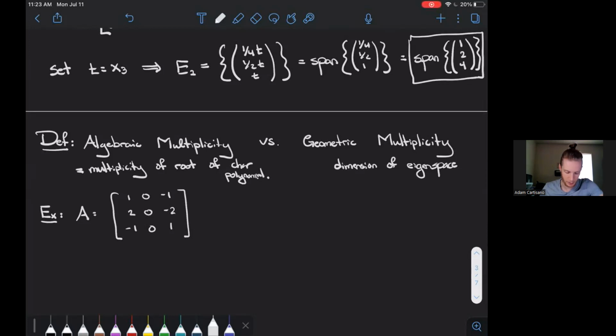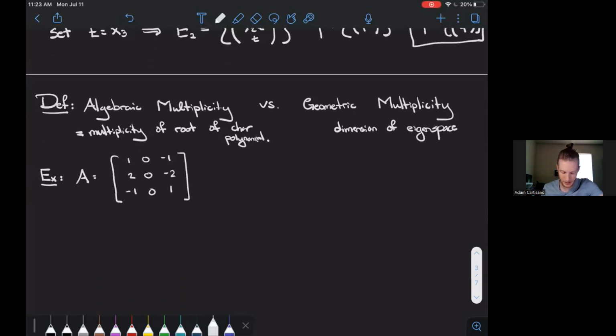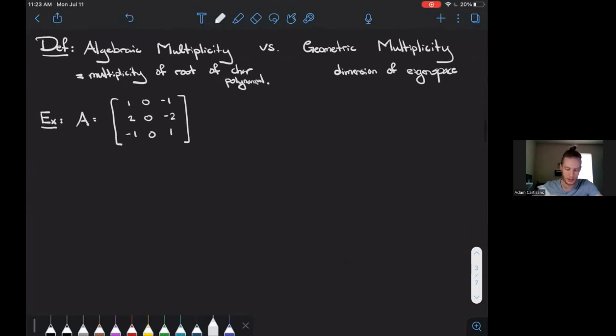So let's do it. Look at this beautiful matrix. It's not quite symmetric, but it's definitely got a lot of linear dependence in the rows. Same thing, we're going to compute the eigenvalues and corresponding eigenspaces for this gnarly matrix. Let's skip right to the determinant of A minus lambda I, which is the determinant of the matrix with rows (1 minus lambda, 0, negative 1), (2, negative lambda, negative 2), (negative 1, 0, 1 minus lambda).